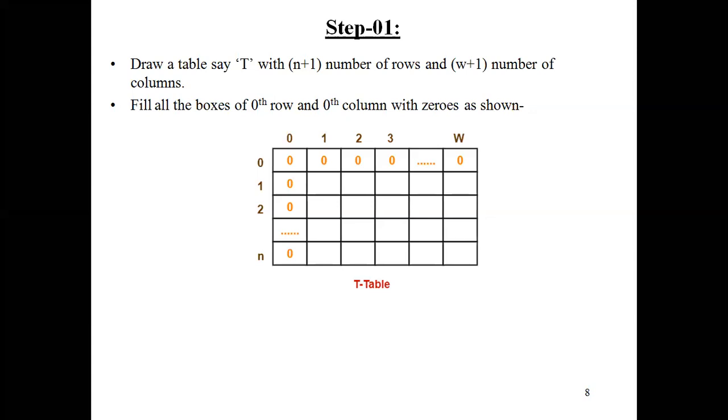No items in the bag means no weight carried. In the same way, no profit also. Profit is also not there. That is why the 0th row and 0th column are filled with zeros.